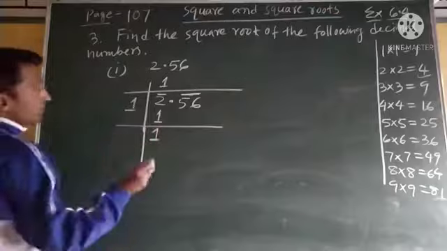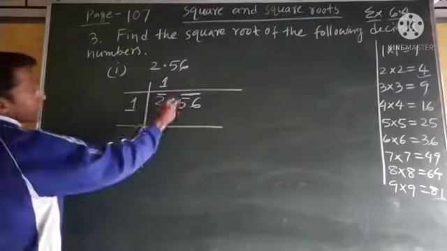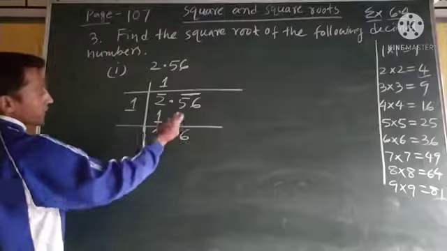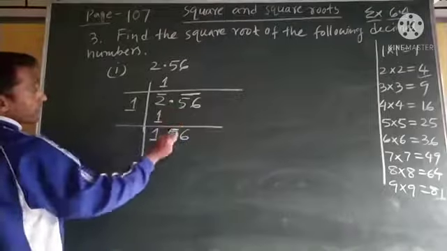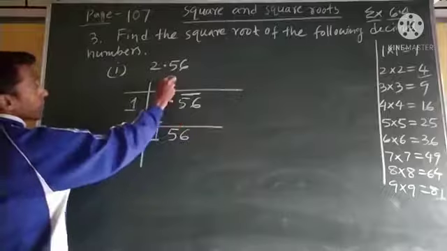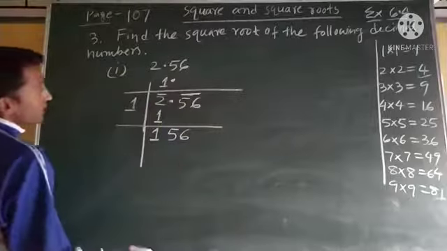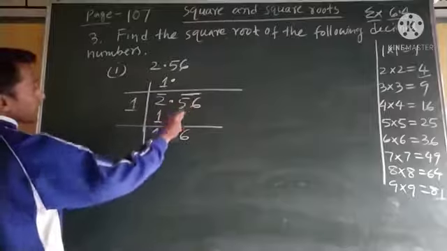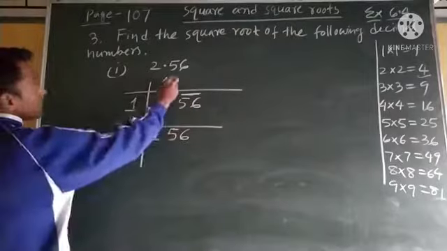Now you see, in this point, this part 5, 6, the next pair is the decimal part. When you bring down this decimal pair, at that time you have to put a point here. This is the main thing. When you bring down the decimal pair, at that time you have to put the point there.